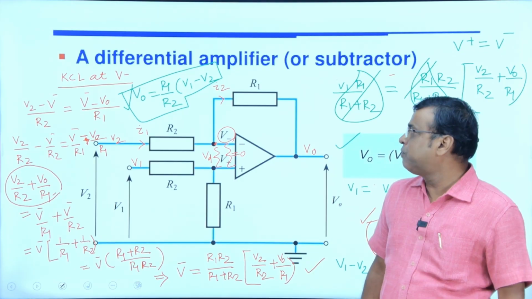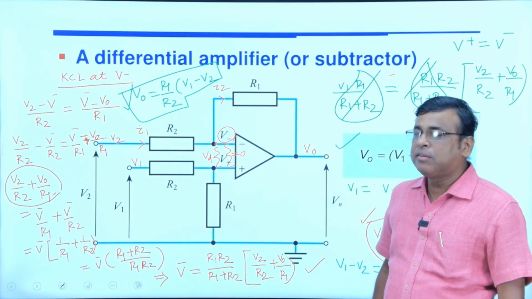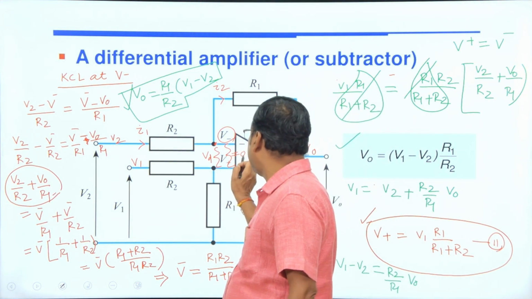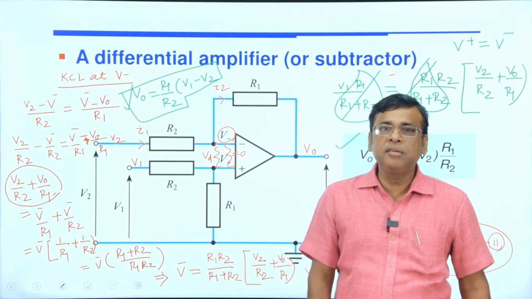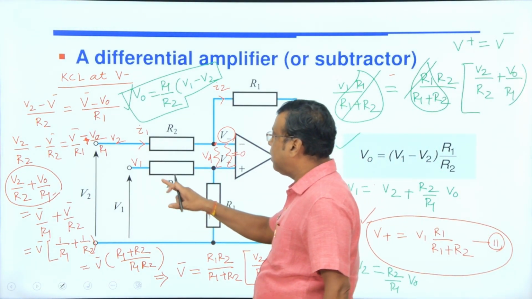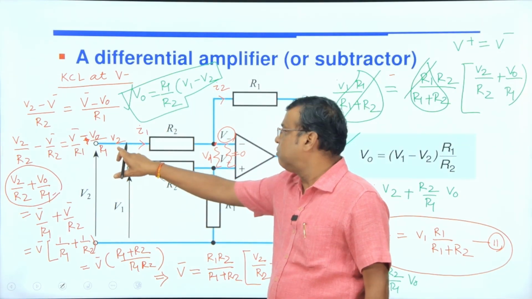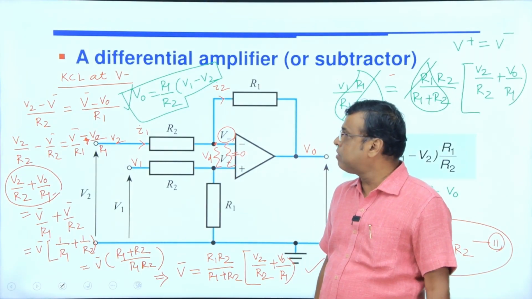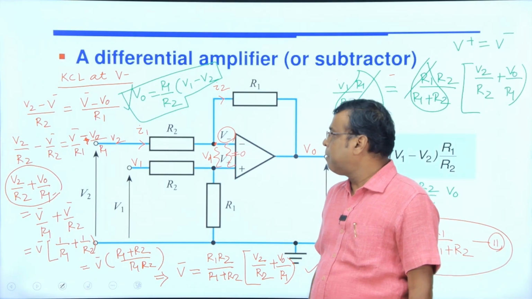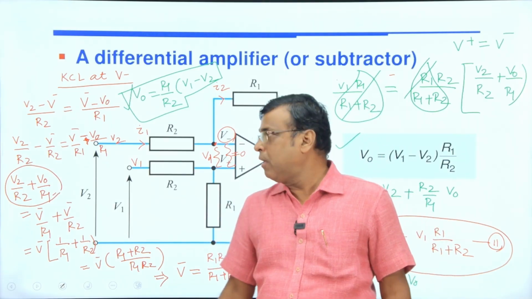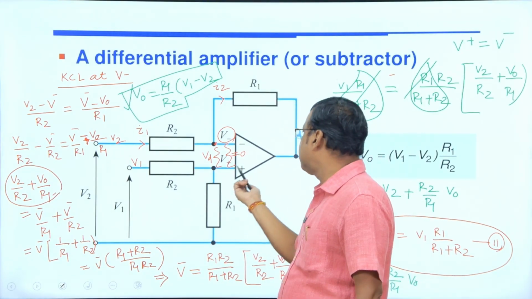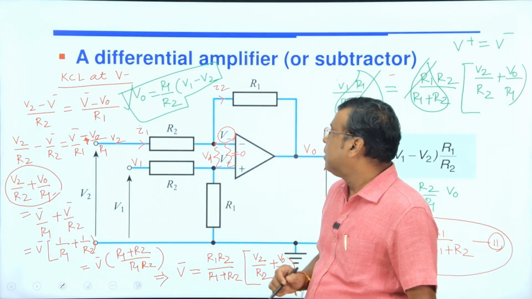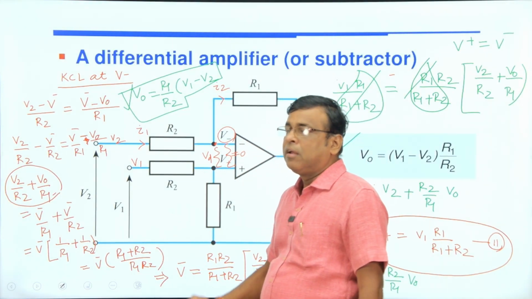But in a differential amplifier, we apply input voltages, V1 and V2, simultaneously to both the inverting and non-inverting terminals.